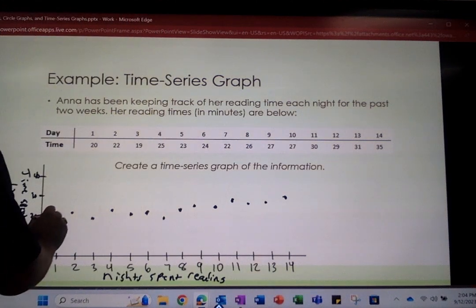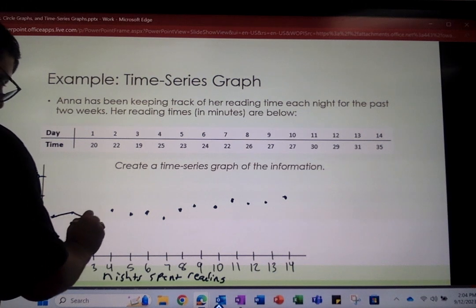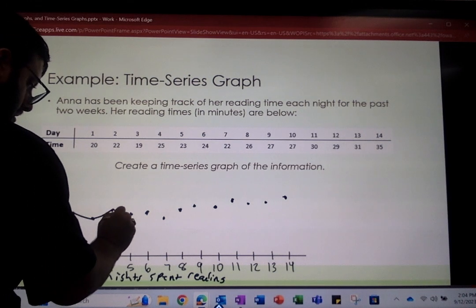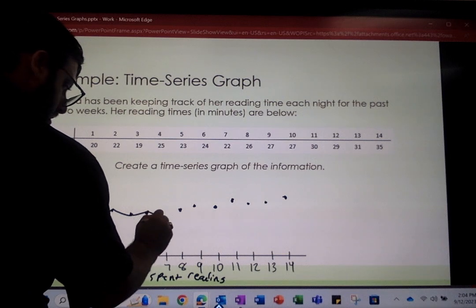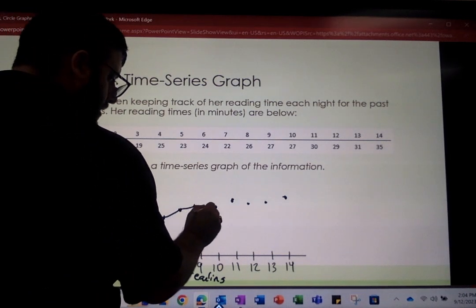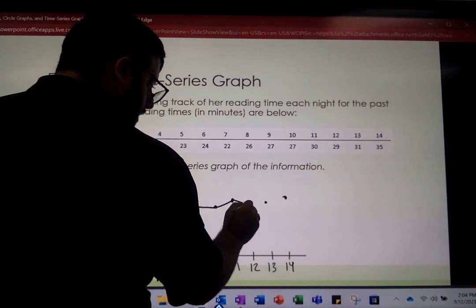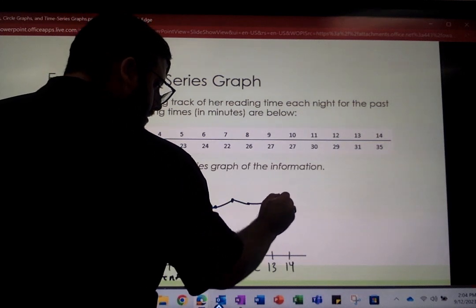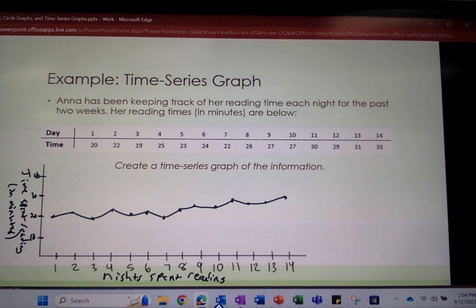So now we're going to connect these line segments. Don't try to curve this, because you really want these values to be as distinct as possible.